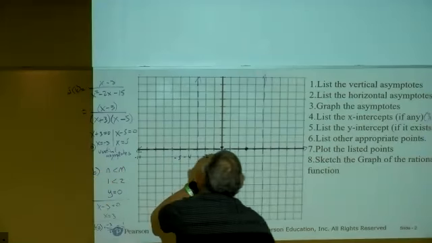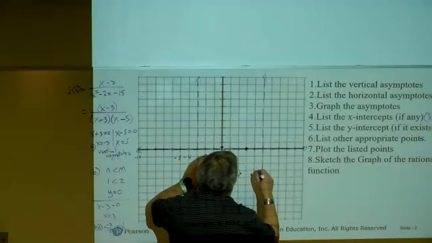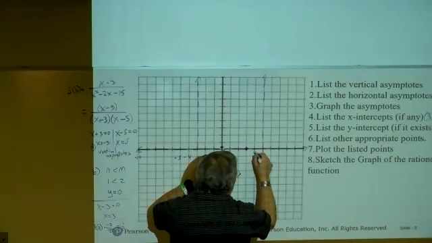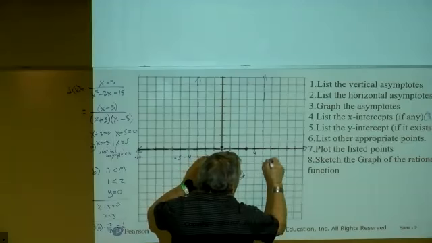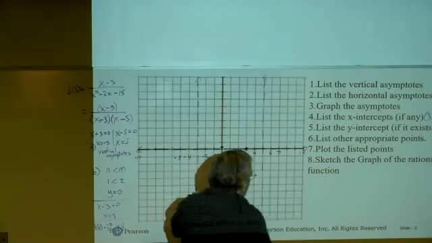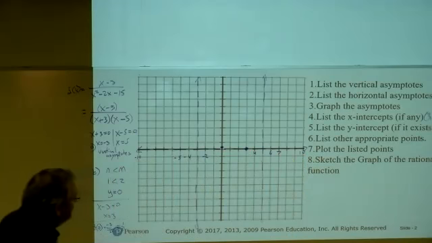And then I come over here to 3, so I look at what happens at 4, and then I would look at what happens at 6 and 7, and possibly 10.